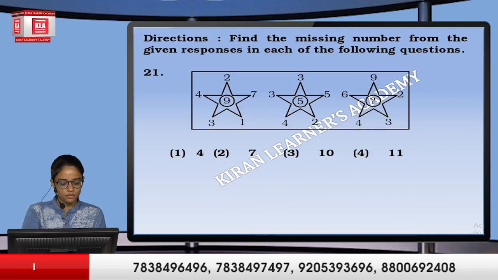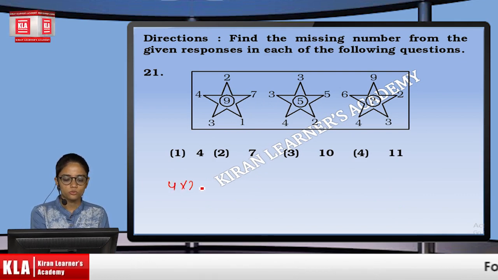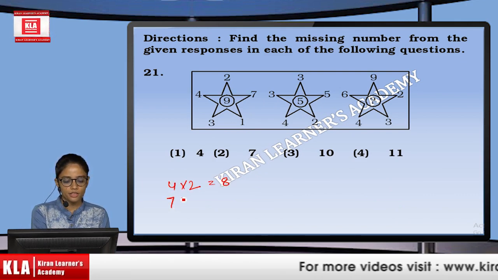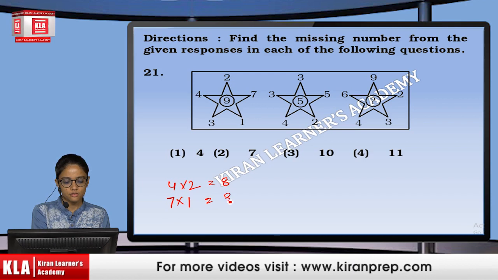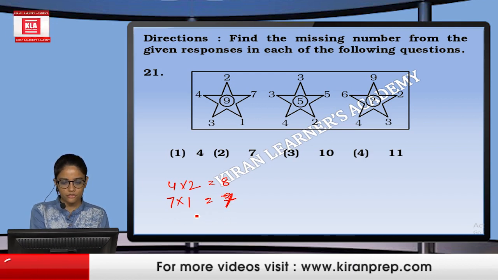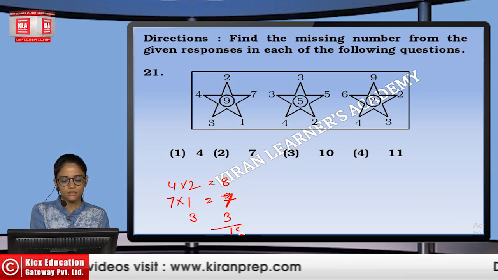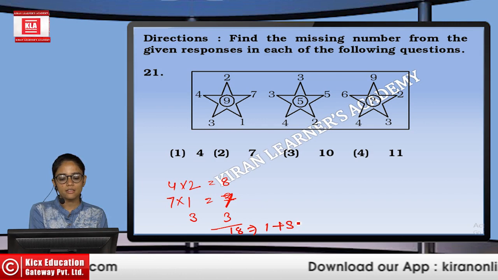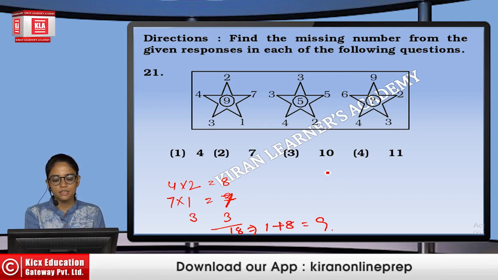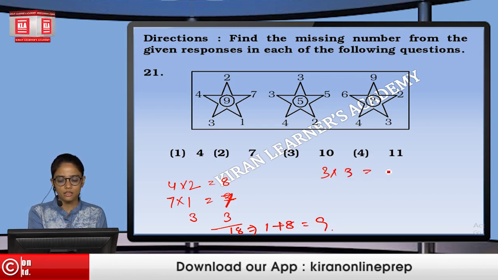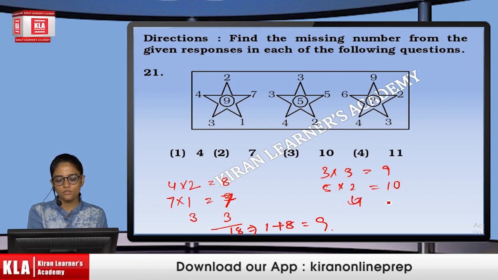Next, if we apply for 4 into 2, 8. 7 into 1, 7. Then we are left with 3 in the first figure. And if we add them, we will get 18. That implies 1 plus 8 is equal to 9. Similarly, 3 into 3, that is 9. 5 into 2 is 10. And then we get the 4.